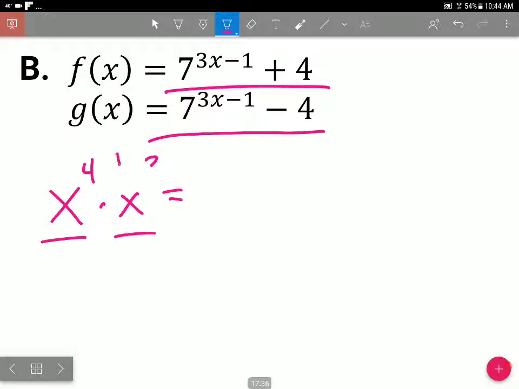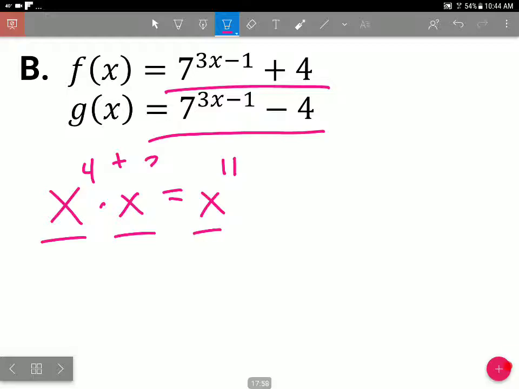You add them. So that would be x to the what? Yeah. X to the 11th. This 4 plus 7 is 11. And your base would stay the same. If you have the same base, adding the exponents is multiplying the bases. Okay? Adding your exponents is multiplying your bases if they're the same.